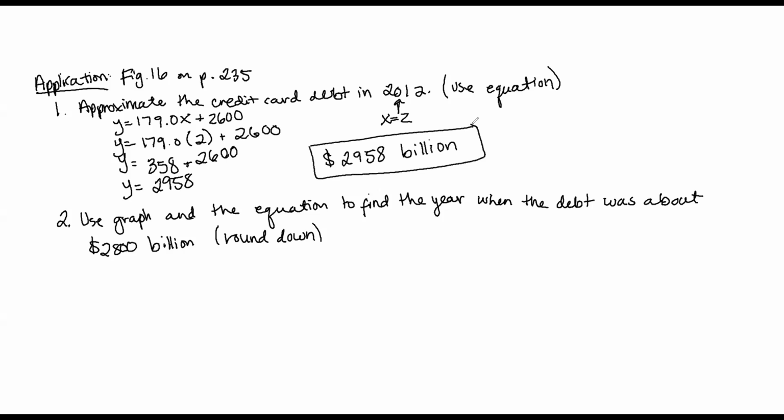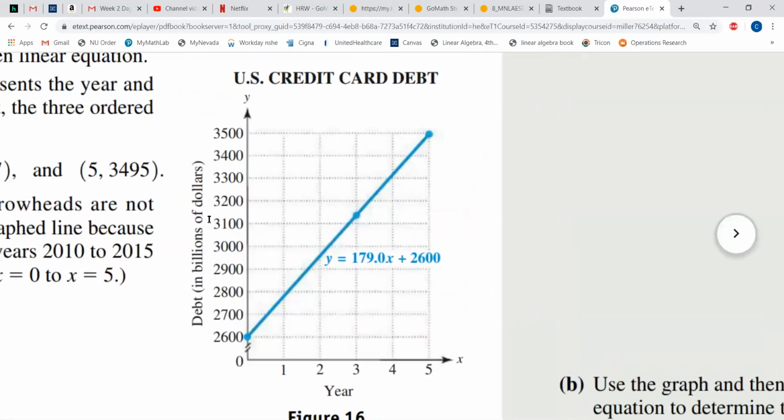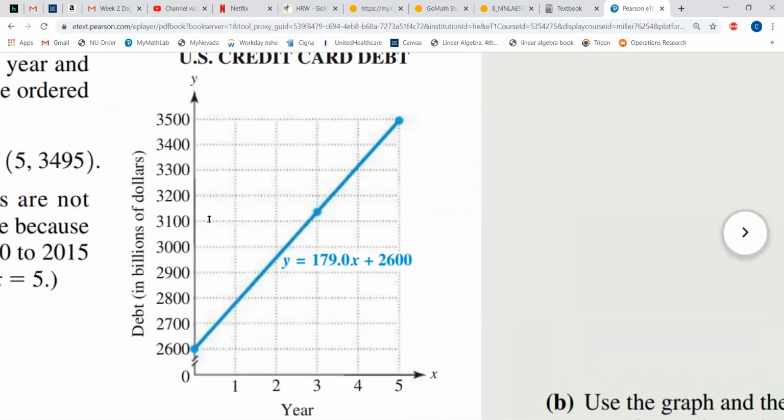All right, and then for the second question here, they want us to use the graph and the equation. So we're going to do it 2 separate times to find the year when the debt was about $2,800 billion. So first, from the graph, if we go back to the graph here, 2,800 is right here. And if we go across here, it's a little bit past the 1.